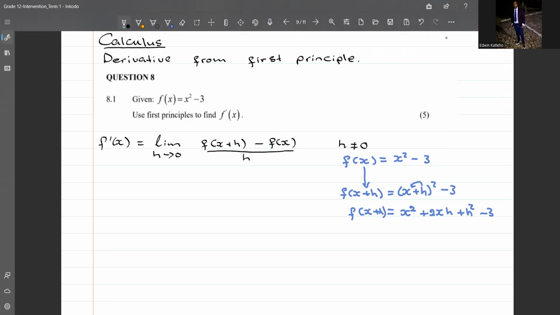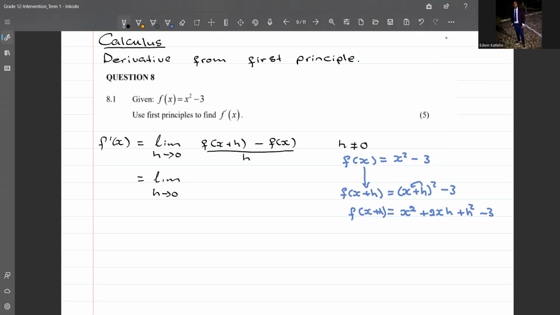We now have to substitute these two equations here. Do not stop writing the limit. The only time that you stop writing limit h tends to 0 is when you substitute the values of h. For now, bear in mind I said h cannot be equal to 0 here at the beginning because we can never divide by 0. So we write limit h tends to 0, and then we substitute our two equations.